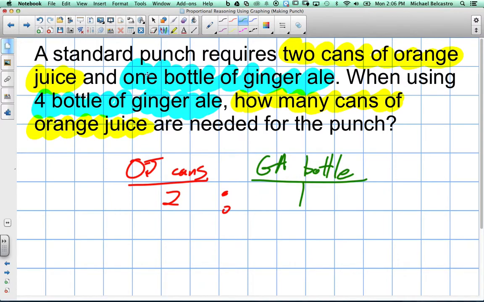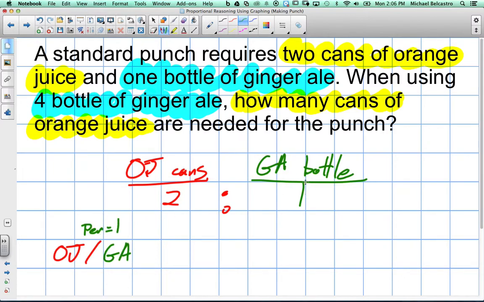Now, we said we're going to use unit rate to solve this. Well, unit rate, when we're talking about rates here, is when we have something set up so that one of the values is the number 1. So our rate here could be OJ per ginger ale, and per is essentially the value of 1.